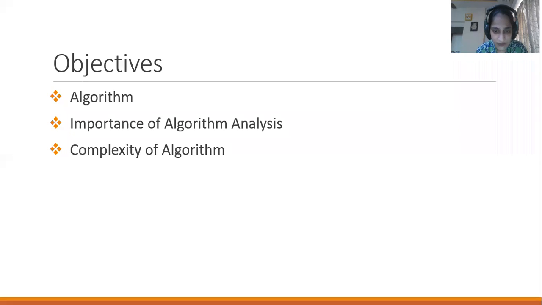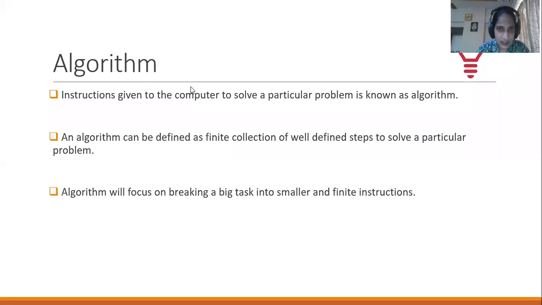So we're going to first start off with the revision of what algorithm is, which we have already seen. The instructions given to the computer to solve a particular problem are known as an algorithm. An algorithm is nothing but a finite collection of steps which we give to the machine to solve a particular problem.